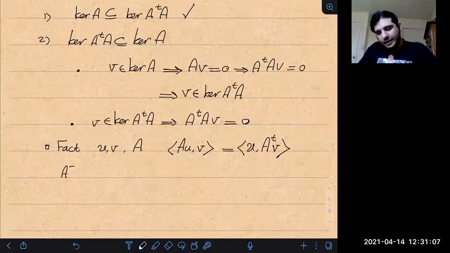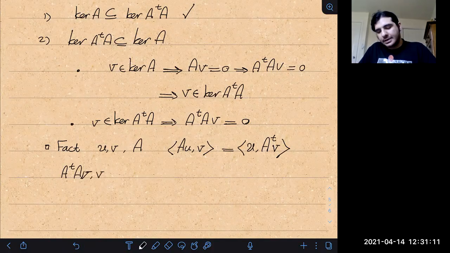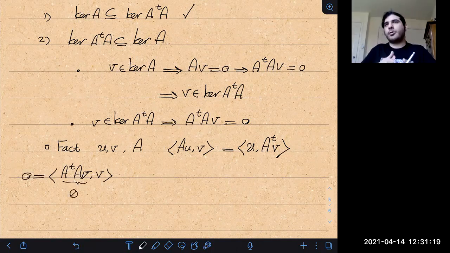So look, if A transpose Av is 0, and I look at its inner product with v itself, the result should be 0, because this vector is 0, and the inner product of 0 with anything else is 0. But this formula tells me I can take A transpose to the other side, but then it would become A, right?